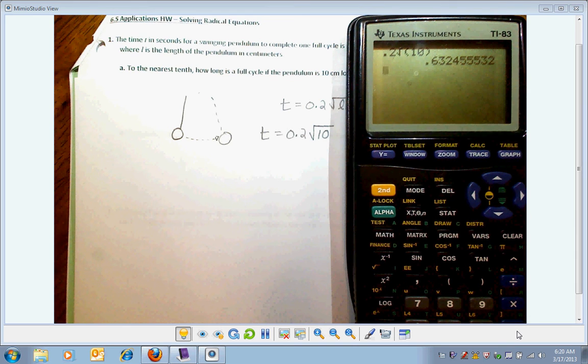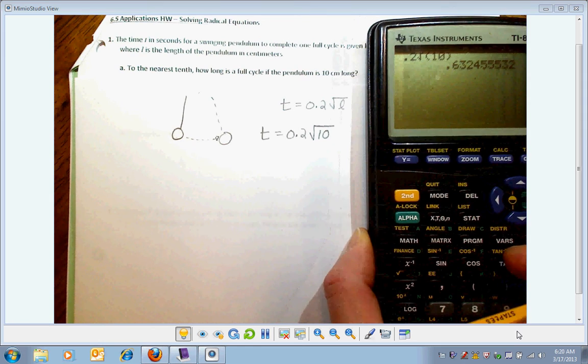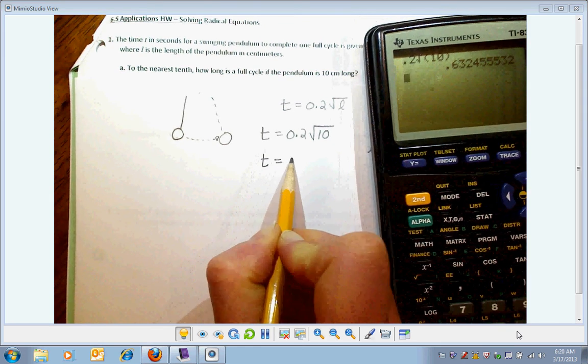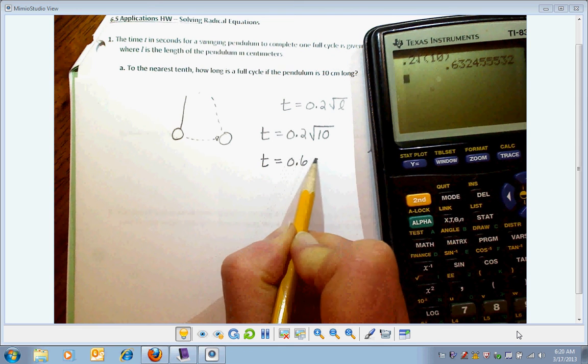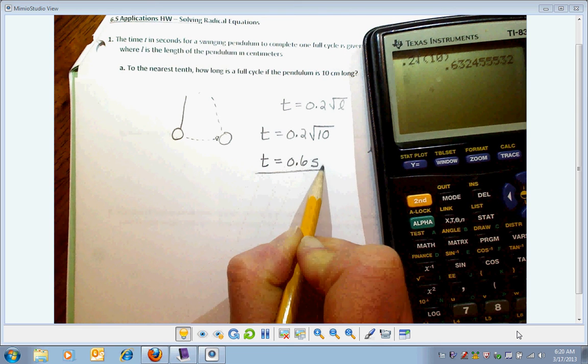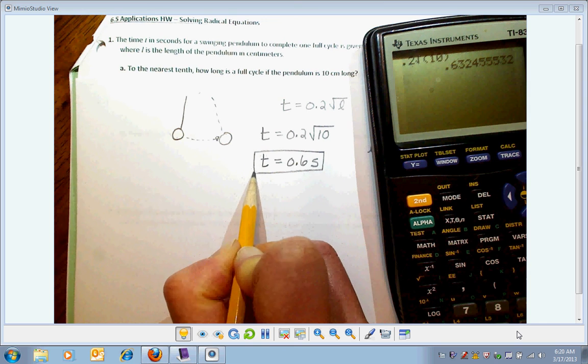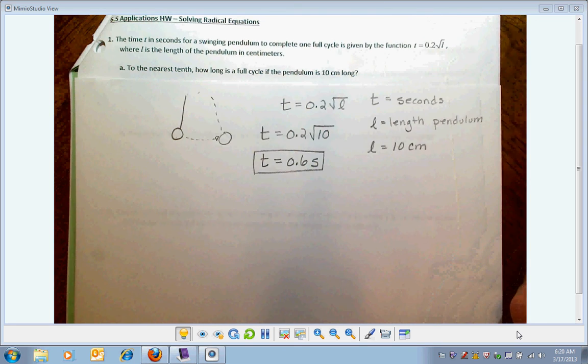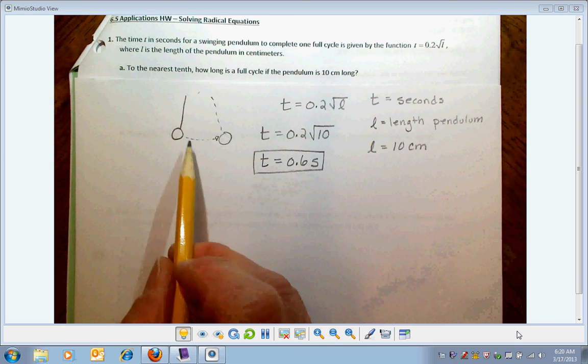So it's going to be 0.6 of a second. So then T is equal to 0.6 of a second. That's how long it takes a pendulum that's 10 centimeters long to do one cycle.